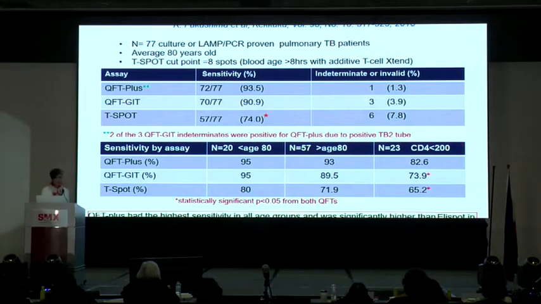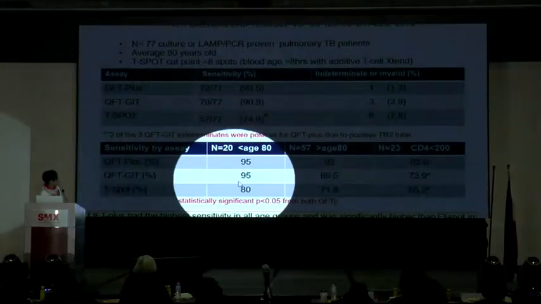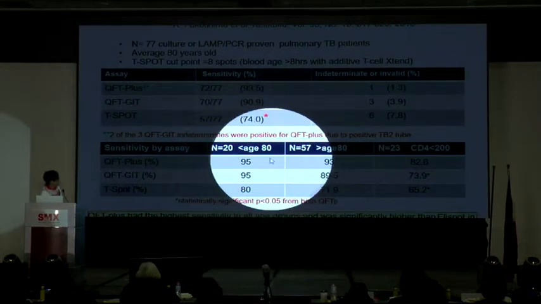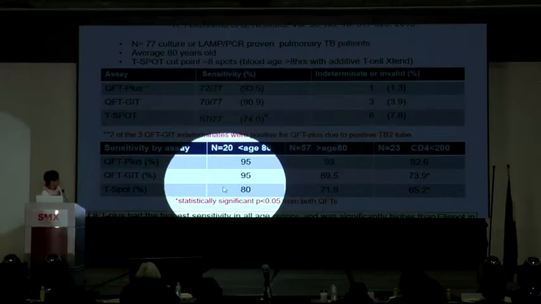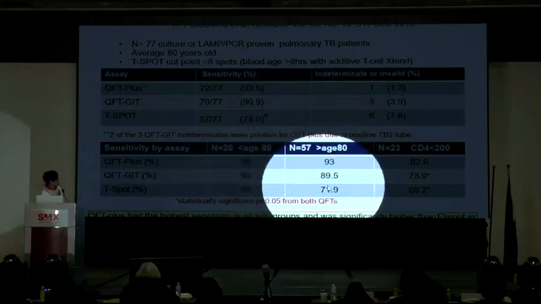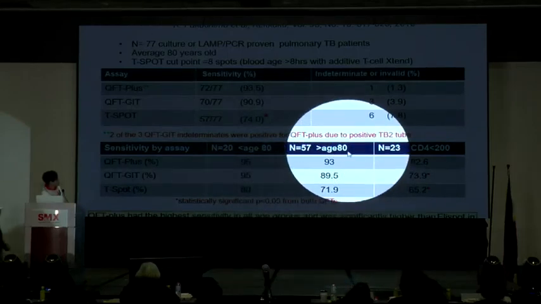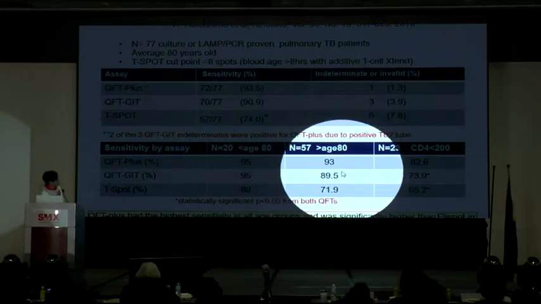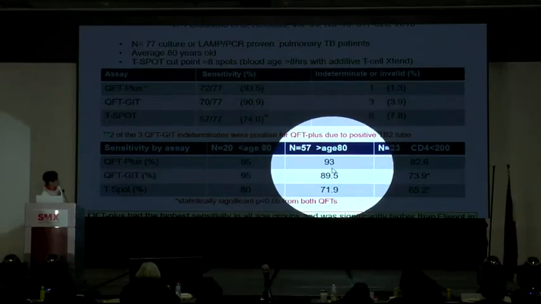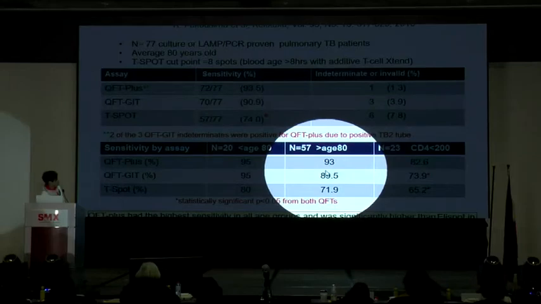So when you look at the results by age, those under the age of 80, both QuantiFERONs performed equally and still a lot better than T-SPOT. Once you get to over 80, this is where you see a big difference between the assays. QuantiFERON Plus is pulling ahead in sensitivity of both assays.